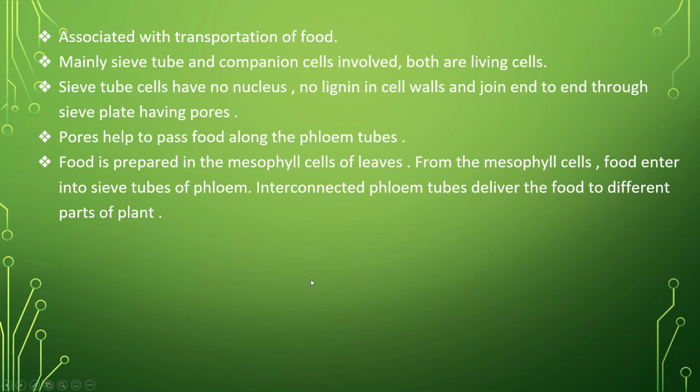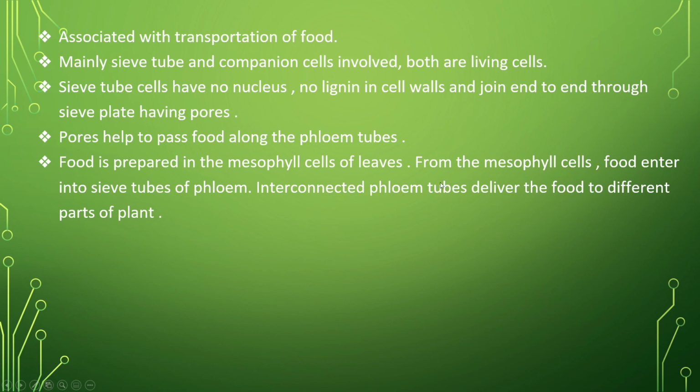That food is prepared in the leaves, but this food must be distributed into different parts like the stem, flower, bud, roots, etc. So how will it be distributed?